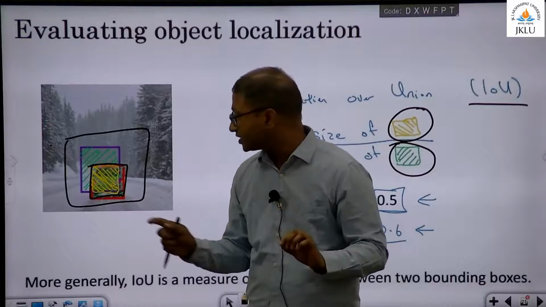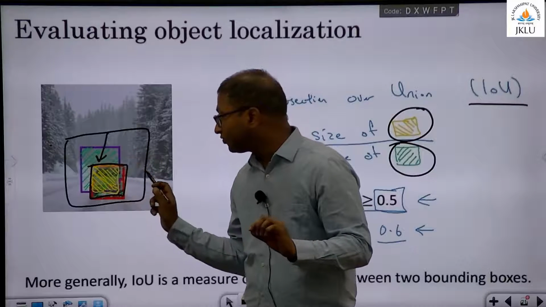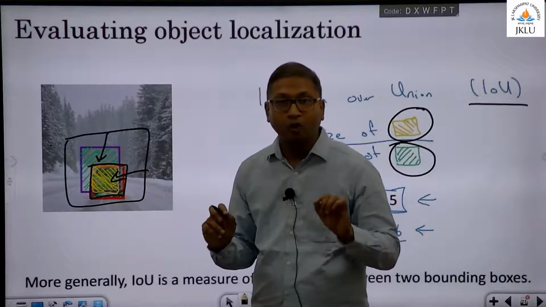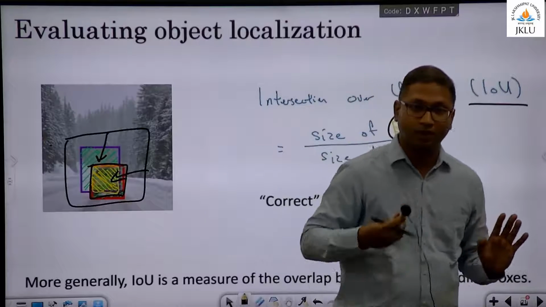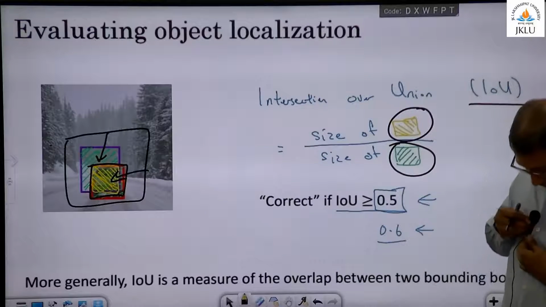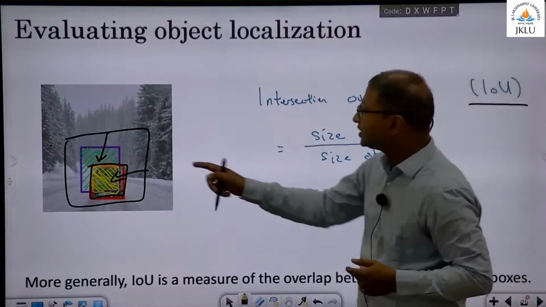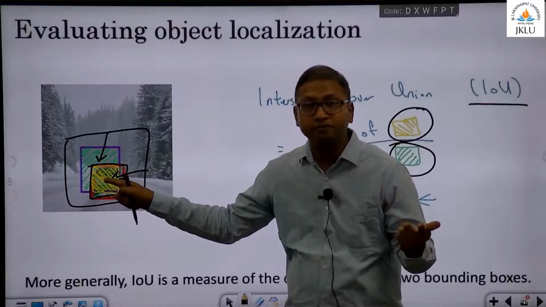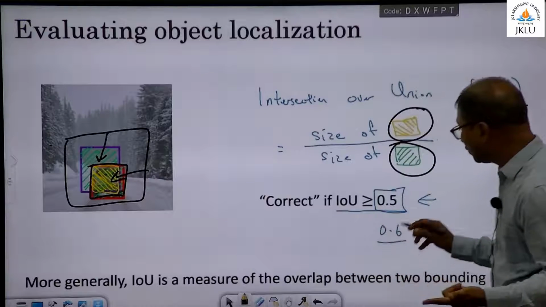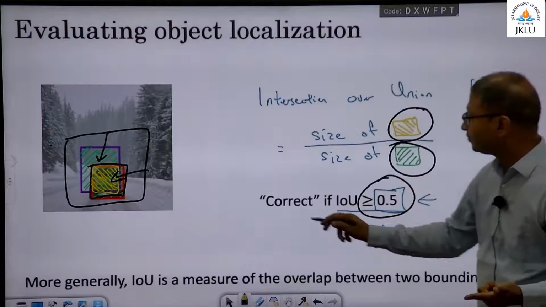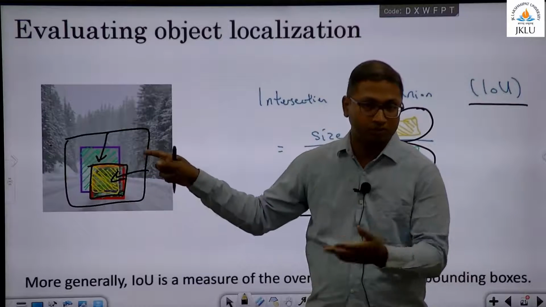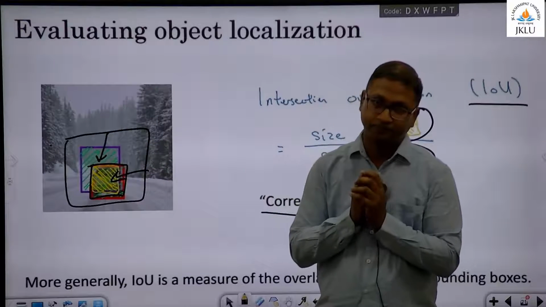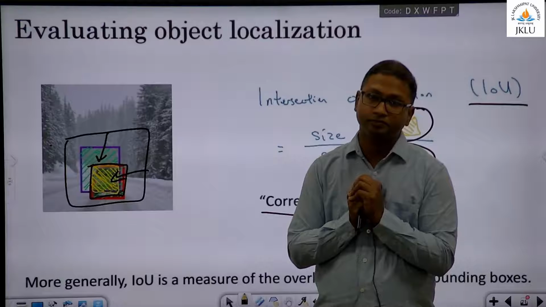My question is just this: are these two different objects or the same object? In which case do you say they are the same? When IOU is greater than 0.5, you say they both are basically marking the same object. Okay?